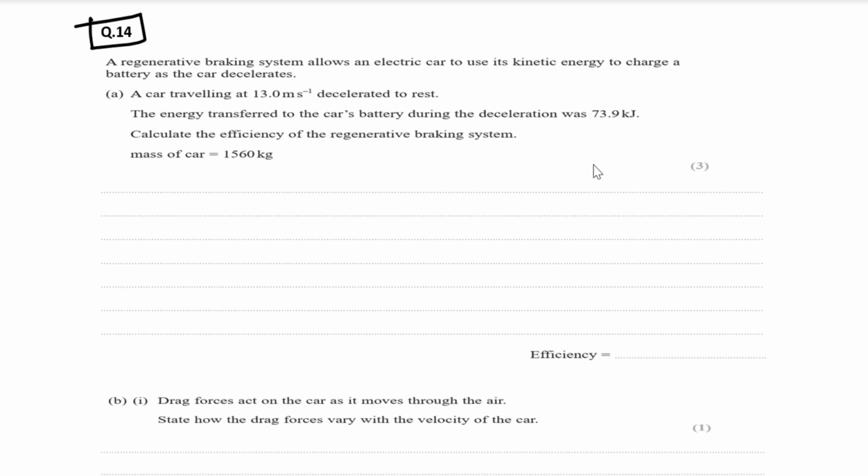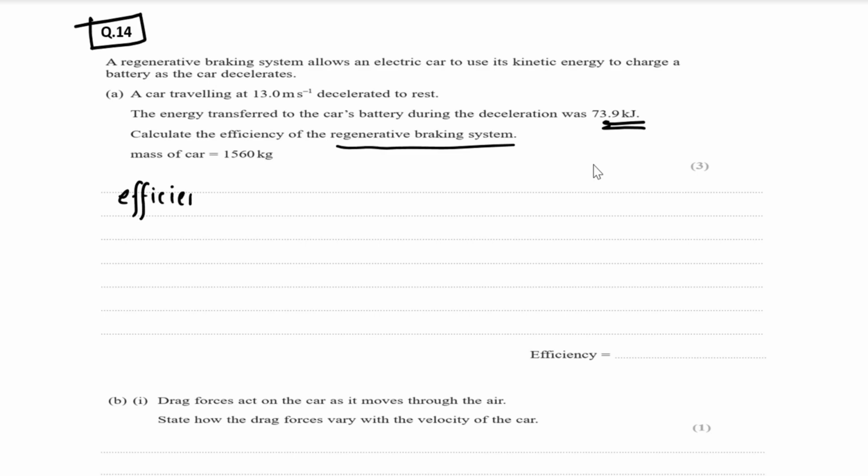The energy transferred to the car battery during the deceleration was 73.9 kilojoule. Calculate the efficiency of the regenerative braking system. Mass of the car is 1560 kg.